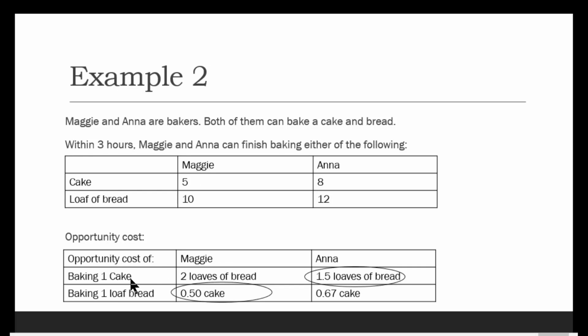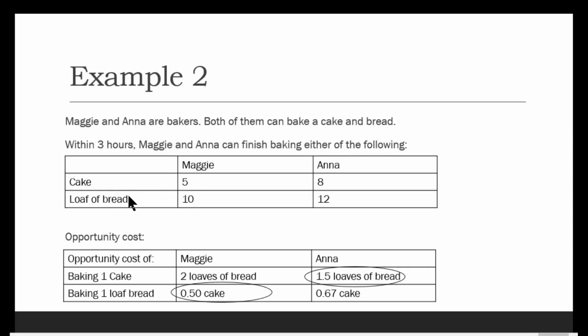For every cake that she will bake, how many loaves of bread will she lose? Here she will lose 2 loaves of bread. Why? For every 1 there is 2, because for every 5 it is equivalent to 10 loaves of bread.